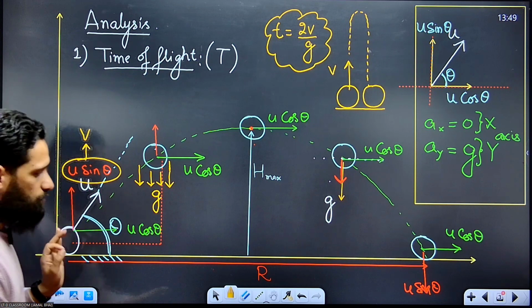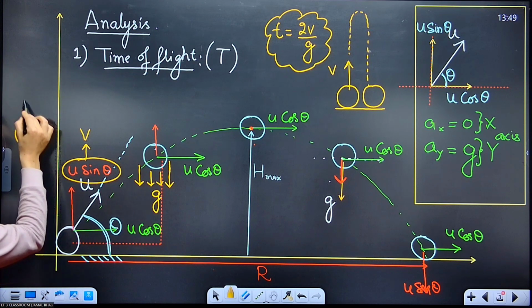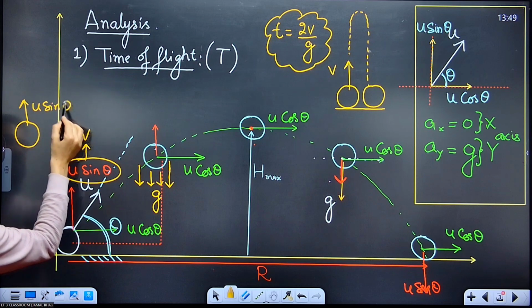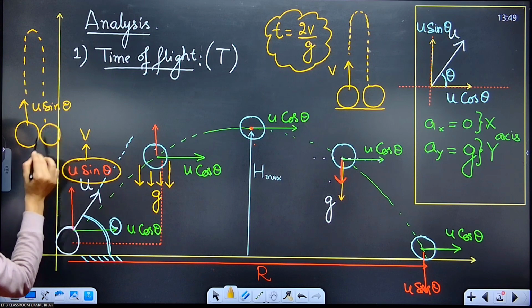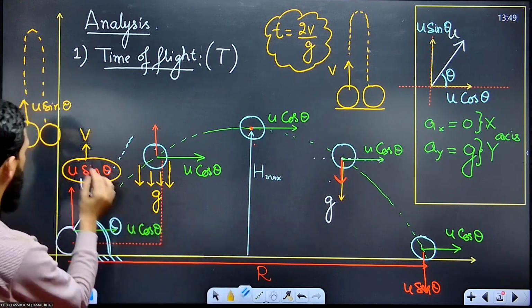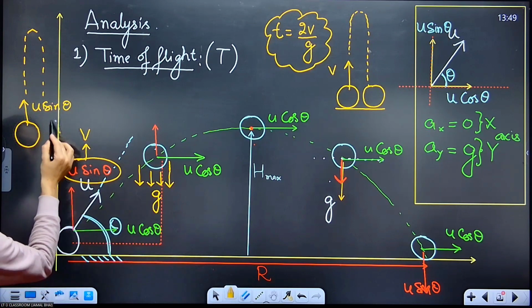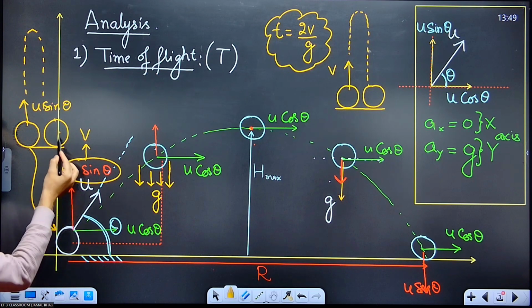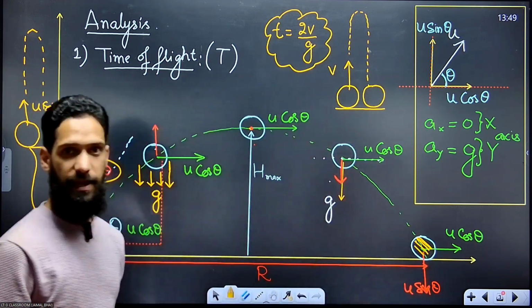Now I will assume that here in the projectile motion, the ball is going upwards with u sine theta. Now it is returning back to the ground, but these two points are different. The ball was going upwards from the point of projection, and now it is coming down at the point of landing.